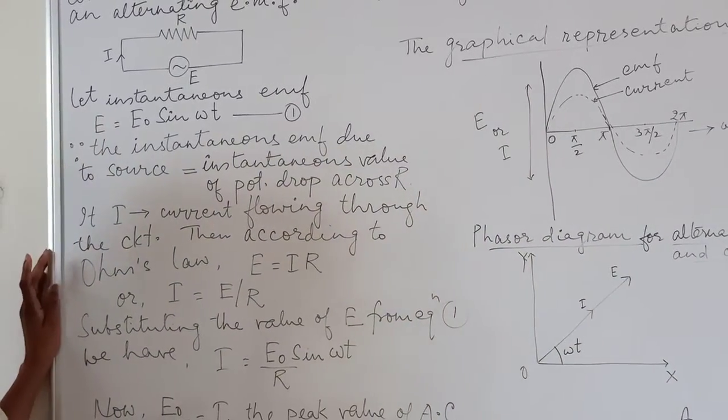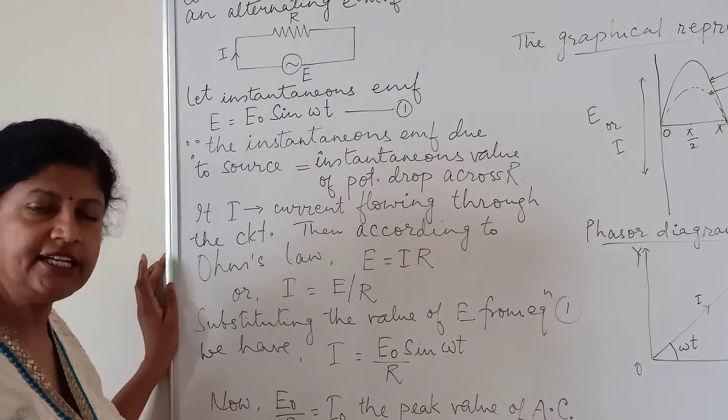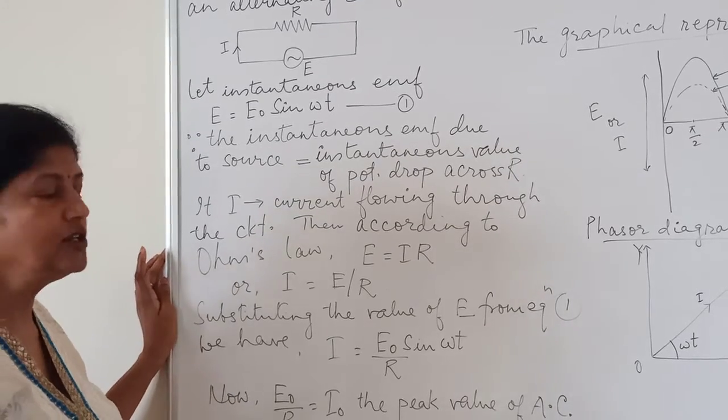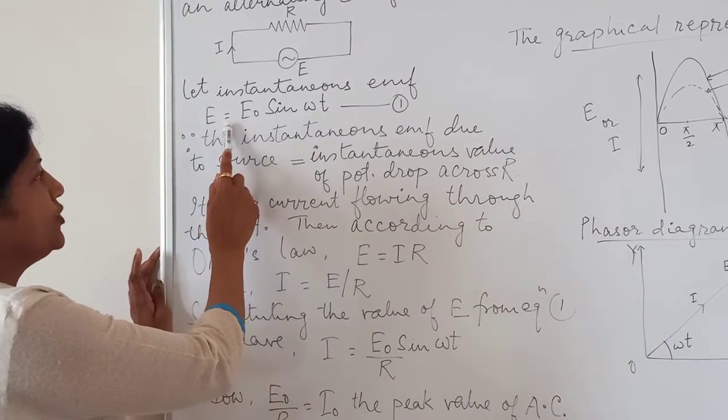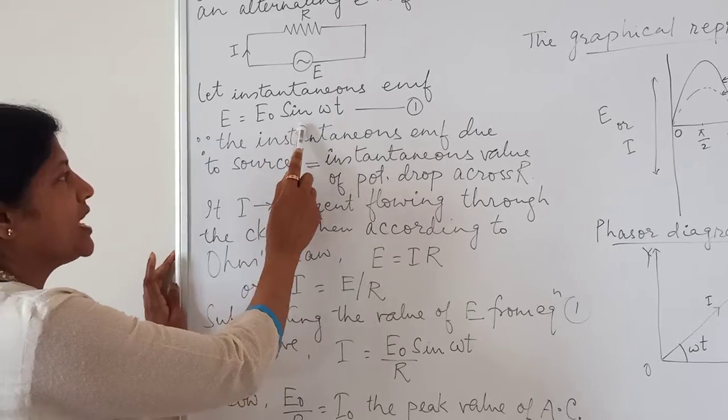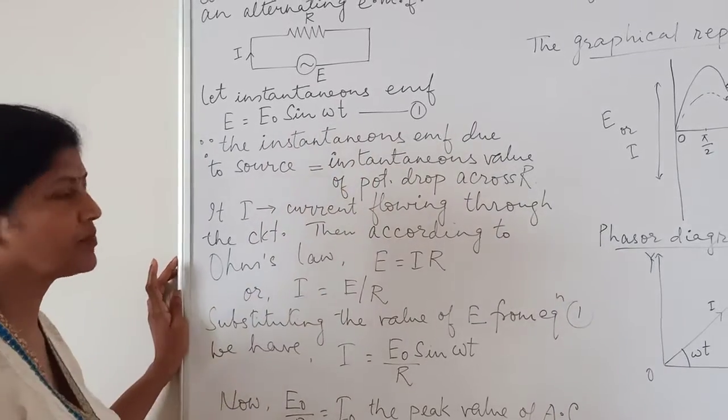From the peak value of instantaneous EMF, we know E is equal to E naught sine omega t.